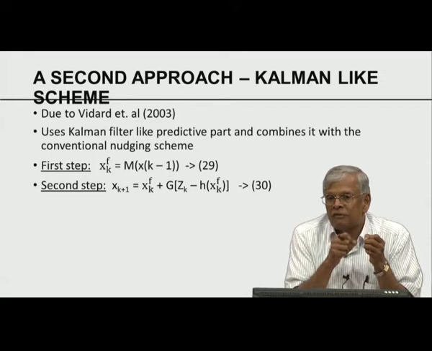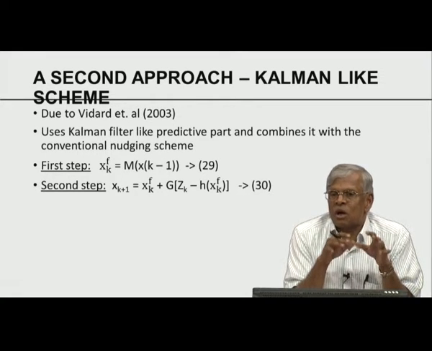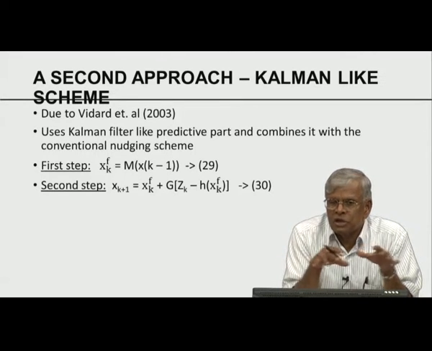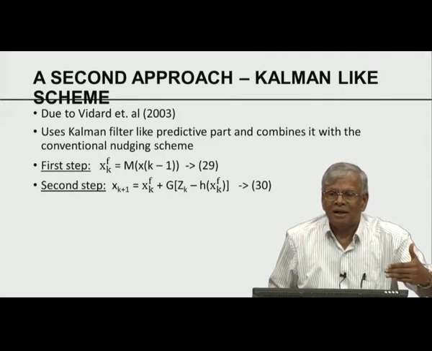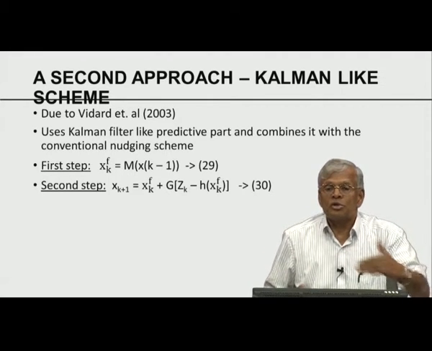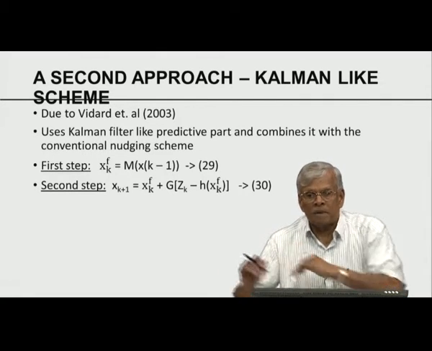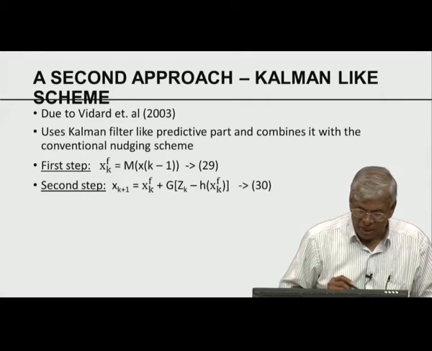Therefore, this being the first level course at the graduate level, we have emphasized all the basic tools which, if well understood, can not only be applied directly, but also be used to devise newer schemes for data assimilation and other problems. That is the idea here. So this is an example of such hybridization.